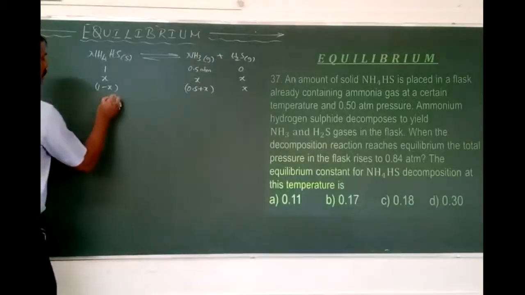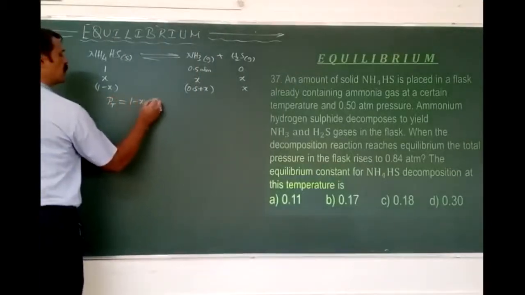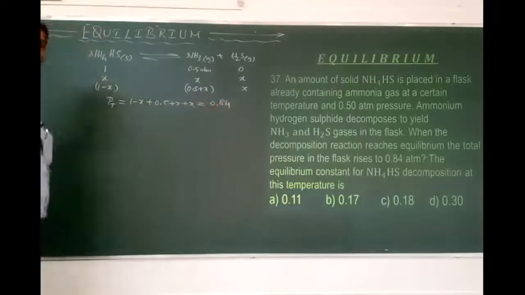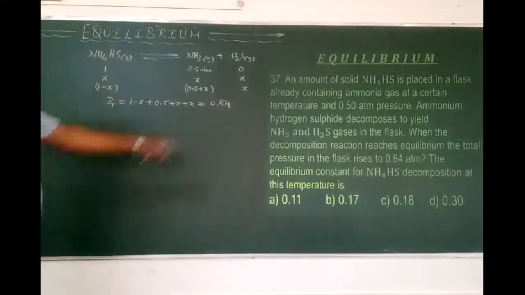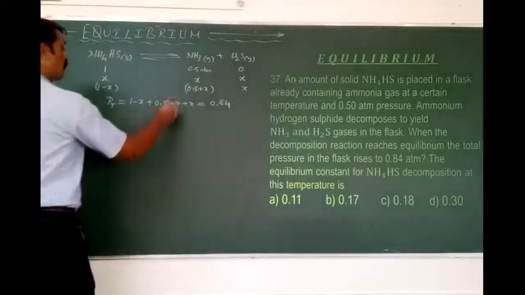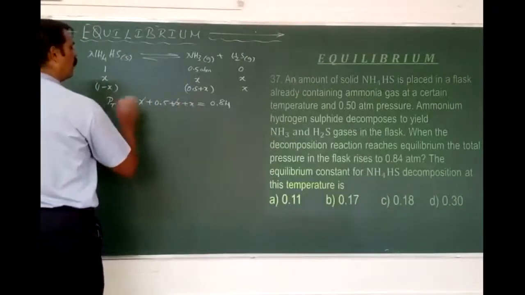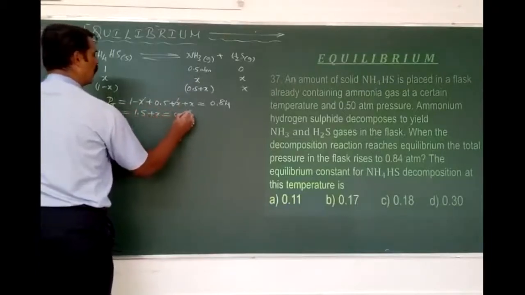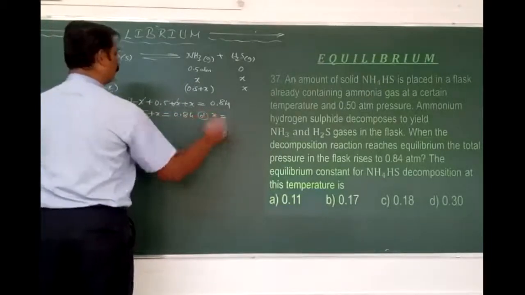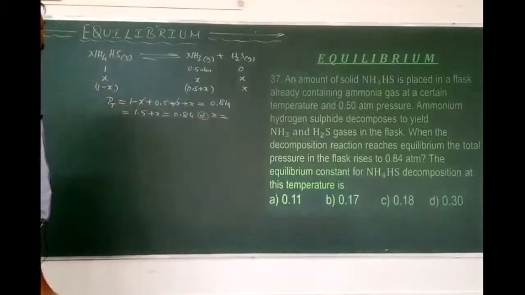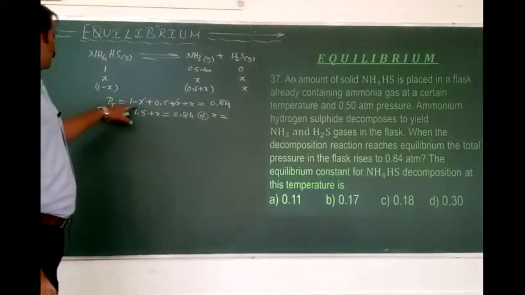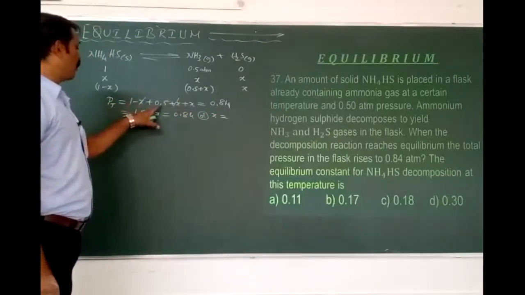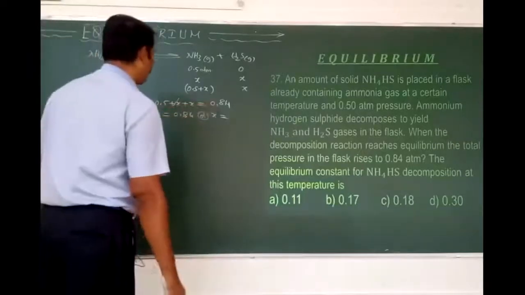So here, the P total is given by 1 minus X plus 0.5 plus X is equal to 0.84. Means the total pressure when it attains the equilibrium is found to be 0.84. So I will cancel these two X. 1.5 plus X is equal to 0.84, or X is equal to how much? 1 minus X plus 0.5 plus X, these two X get cancelled. 1.5 plus X is equal to 0.84.